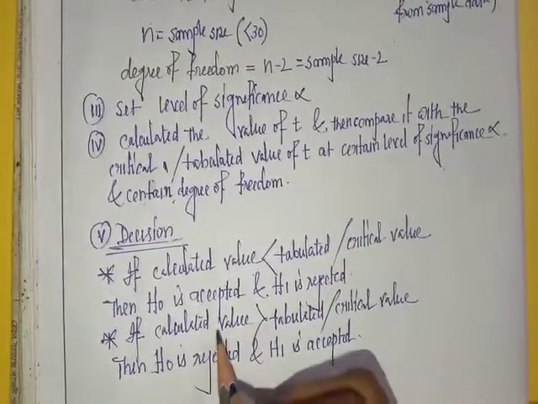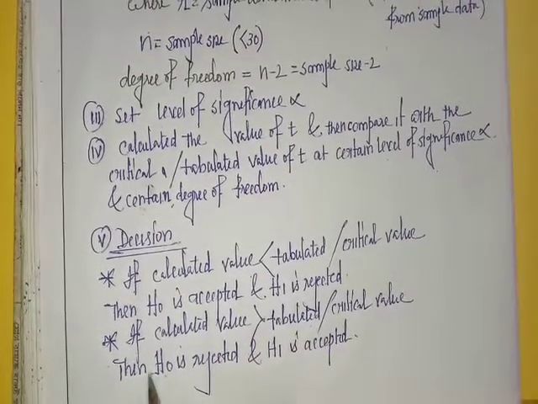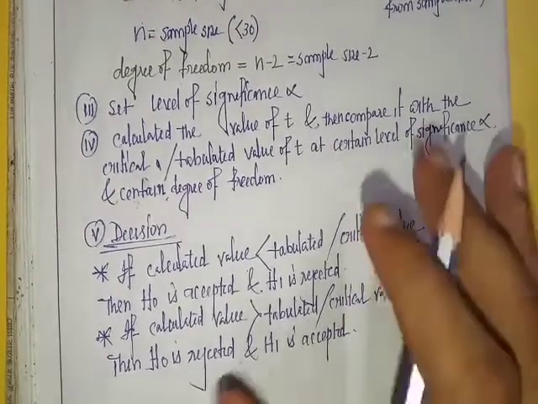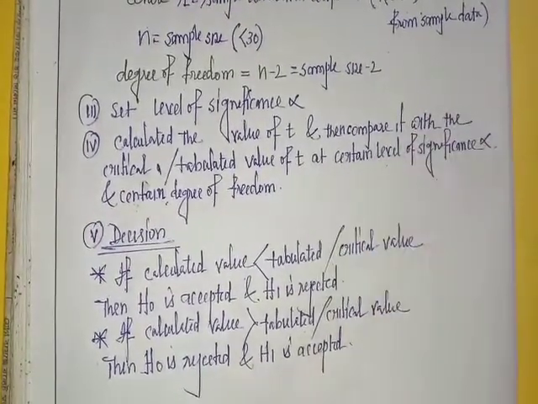If the calculated value is greater than the tabulated or critical value, then the null hypothesis is rejected and the alternative hypothesis is accepted. Now we will discuss a problem.